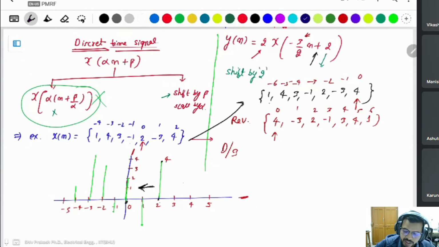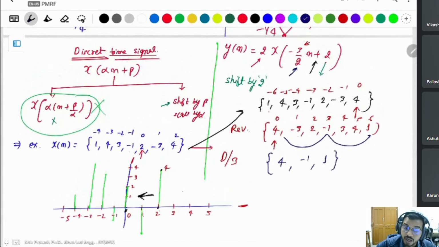If you scale by 3, then divide by 3, only that signal is available, remaining signal will be eliminated. Then 4, the third signal is 1, 2, 3, minus 1, next third signal is 1. This will be 4, second one is minus 1. With 3 shifted, then 0 to 3, then 6. Only 3 signal is there, then there is a 2 also.